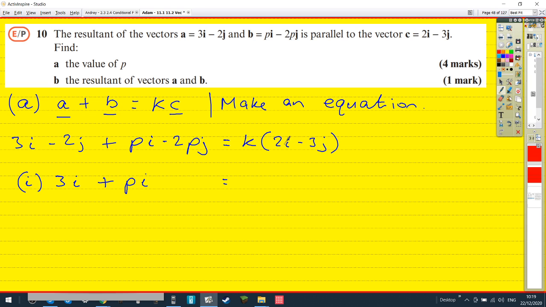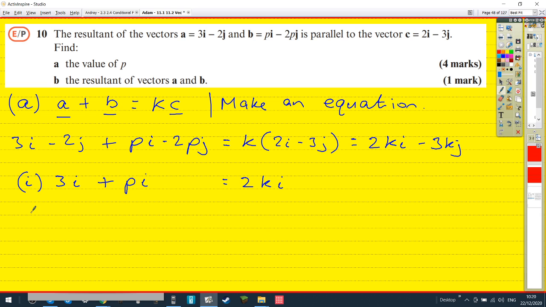If you were to expand these brackets, what would you get? K 2i and minus K 3j. I'll write it as 2Ki minus 3Kj, you usually put the number first. So basically 3i plus Pi has to give you 2Ki, whatever that's going to be.